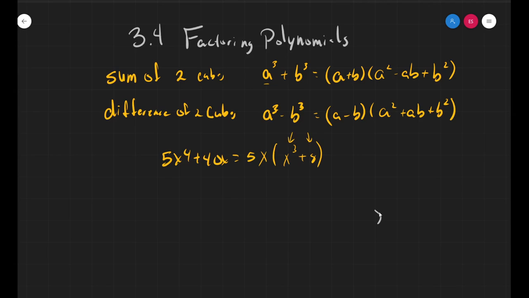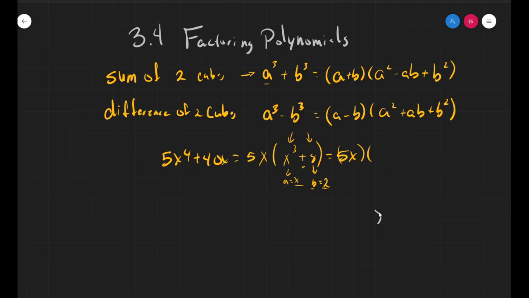So, since we are adding these together, we're going to use this equation. So we can then say 5x times, what is the cube root of x cubed? Well, that's just going to be x. And then what's the cube root of 8? What times itself times itself is going to be 8? That's 2. So wherever we see an a in our formula, we're going to plug in x. Wherever we see a b in our formula, we're going to plug in 2.